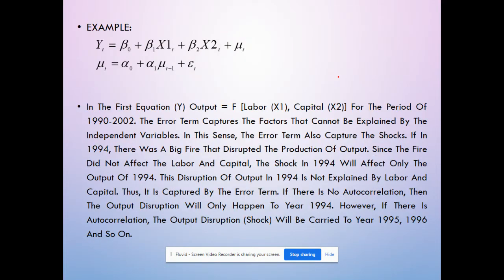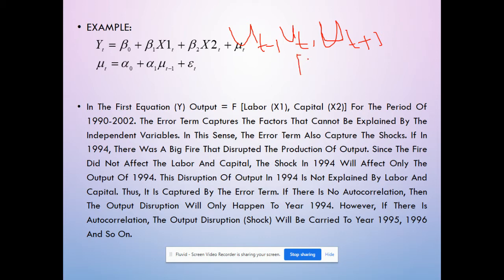For example, you have u_t, which represents today. Tomorrow we represent as u_t plus 1, and yesterday we represent as u_t minus 1, where u is the error term.